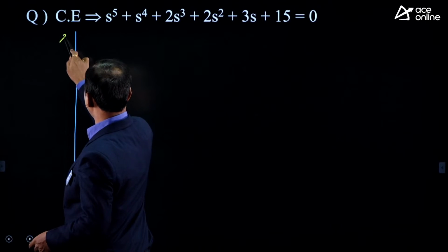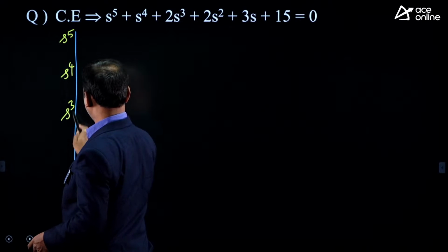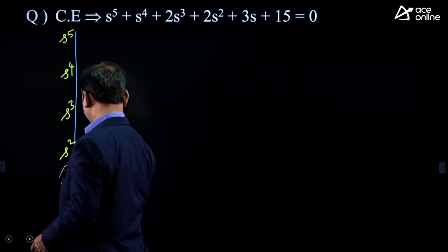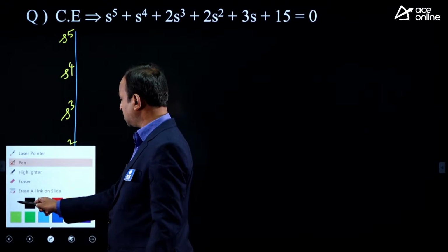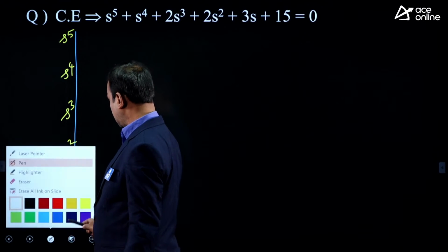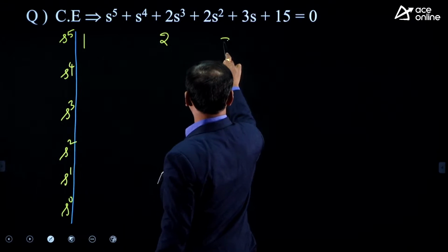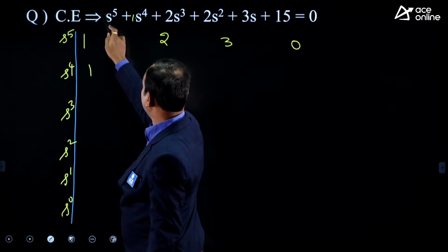Now s to the power of 5, s to the power of 4, s power 3, s square, s power 1, s power 0 here. How to solve this type of question? Coefficient 1, next 2, next 3, 0. Even number: here 1 is there, here also 1.